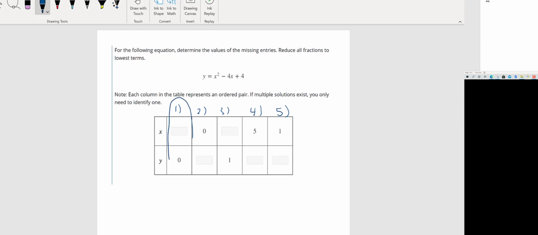So we look at this first problem, they give us a value for y, so we're going to substitute 0 for the y variable in the original equation, and we're going to solve for x. So we've substituted 0 for y in that equation right there.